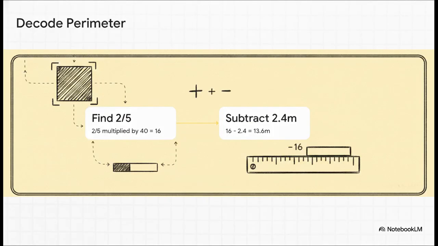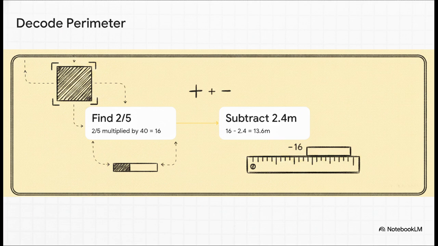So let's walk through that exact calculation together, taking it just one step at a time to make this complex fraction super simple. Step 1, we need 2/5 of the square's perimeter. Well, we already know the square's perimeter is 40, so 2/5 multiplied by 40, that gives us 16. Easy. Step 2, the text said the rectangle's perimeter is 2.4 meters less than that result.